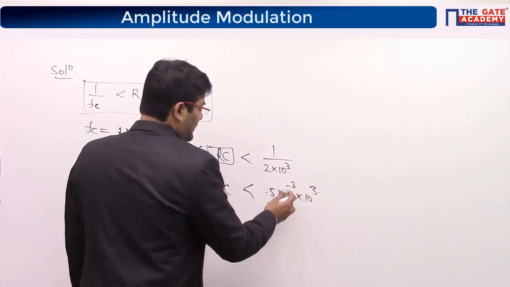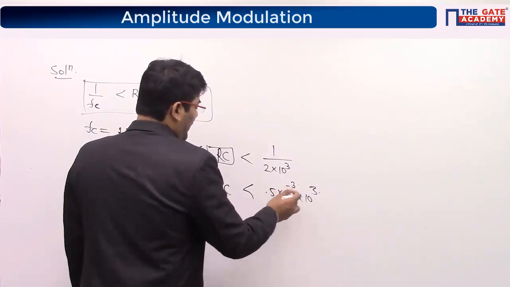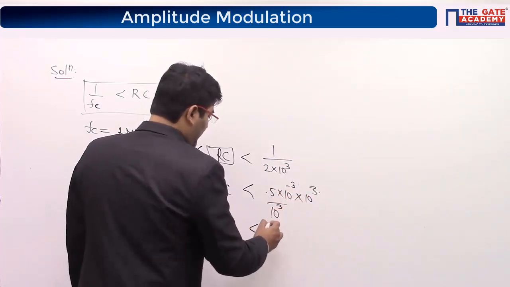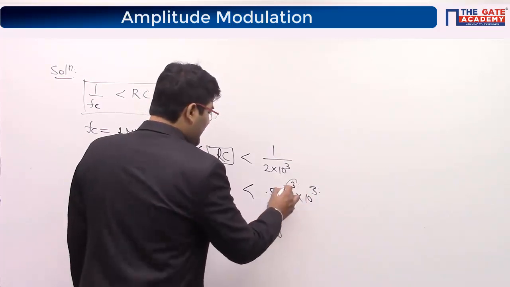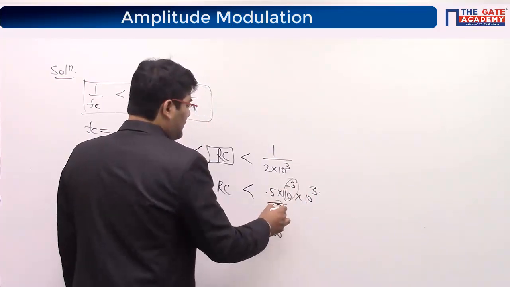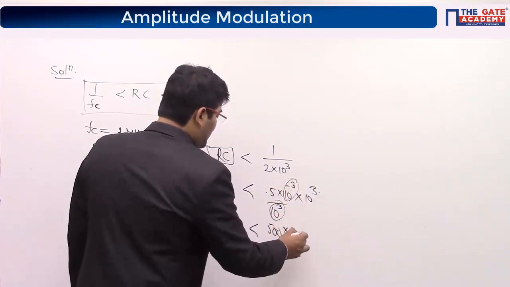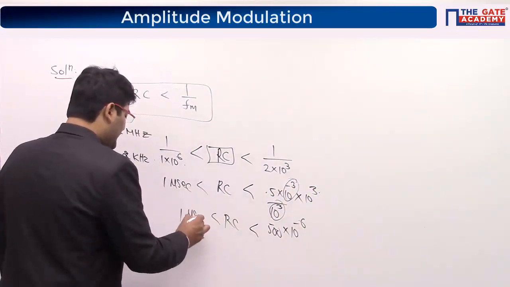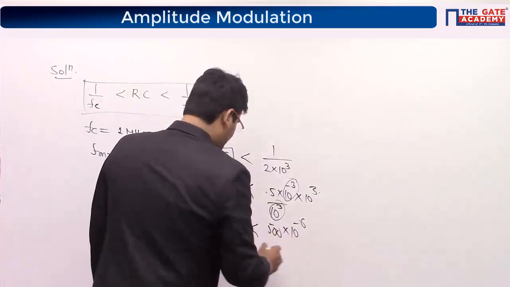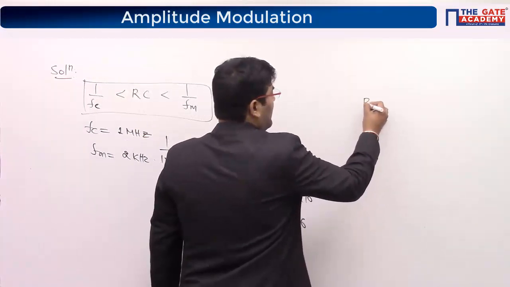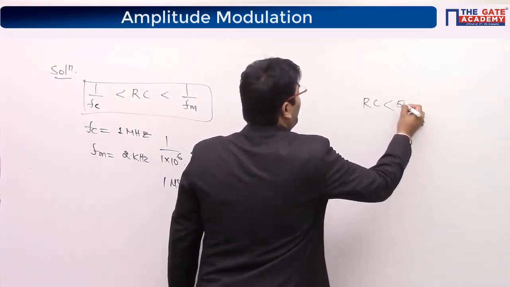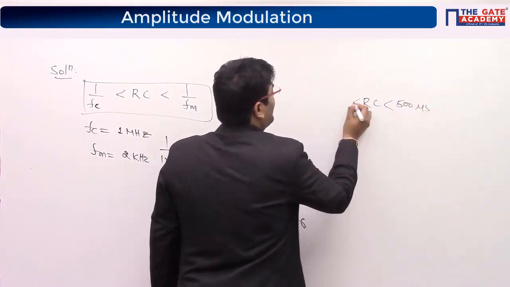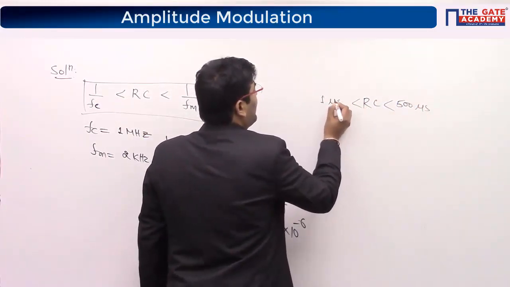So this is 10 into 0.5 into 1000, which becomes 500, with 10 to the power minus 3 and 10 to the power 3 combining. So the lower bound is 1 microsecond, and I am writing here RC less than 500 microseconds and more than 1 microsecond.